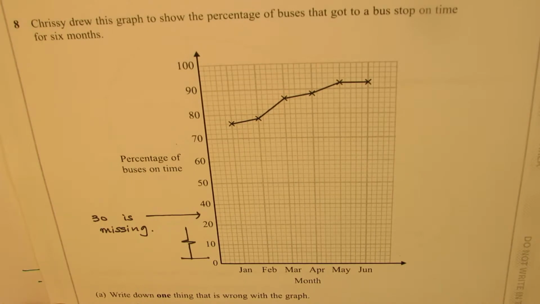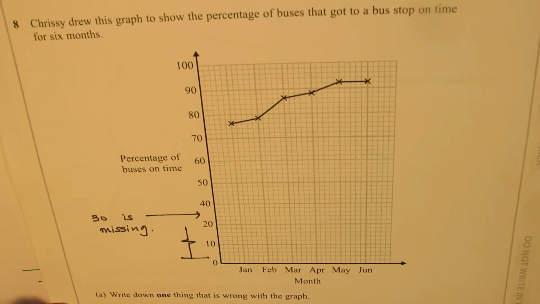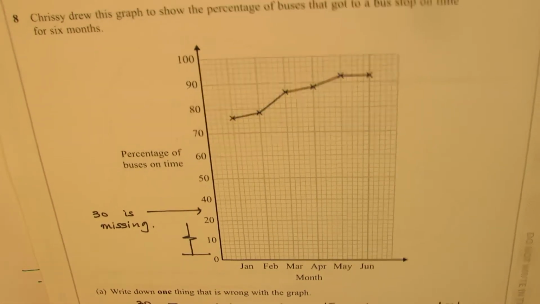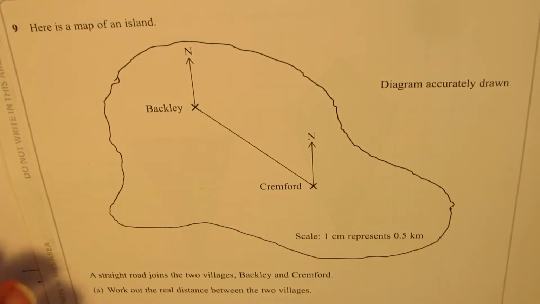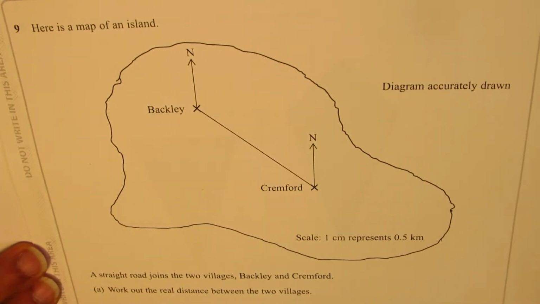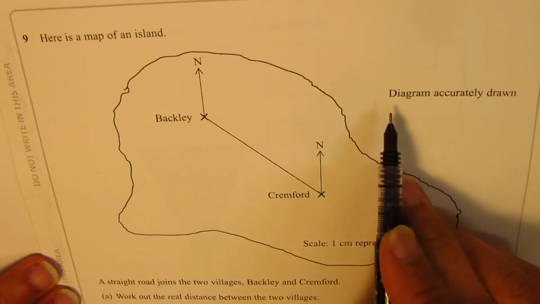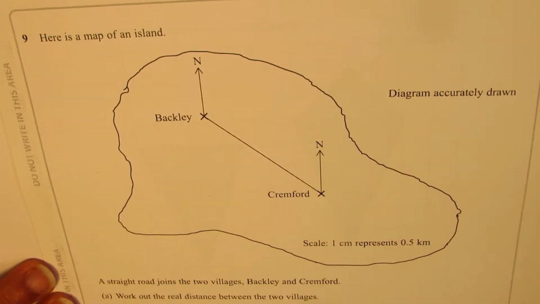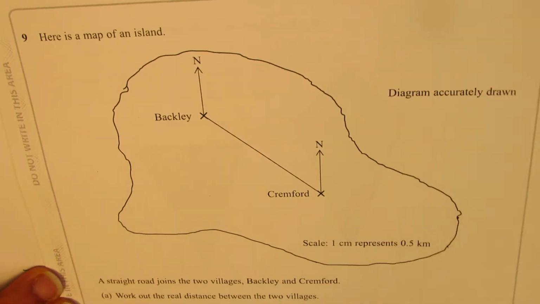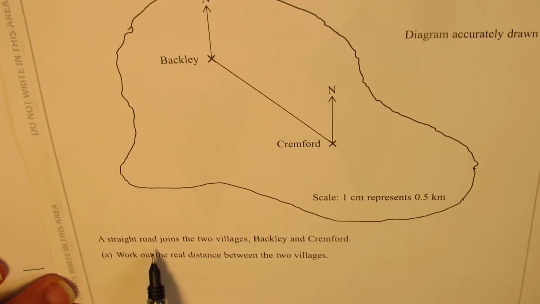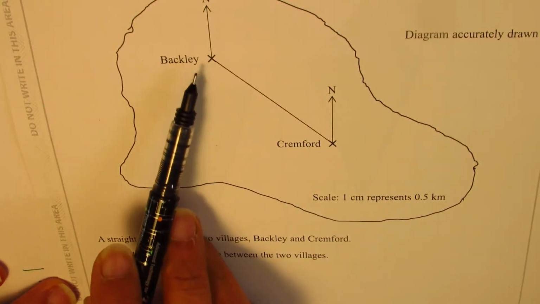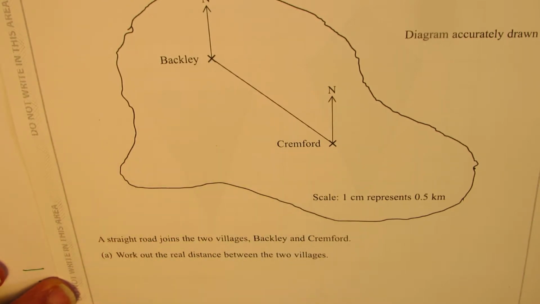Now, next question is question number 9, which is, here is a map of an island. Okay. Diagram accurately drawn. A straight road joins the two villages, Beckley and Cramford. So these are the two villages joined by a straight road.